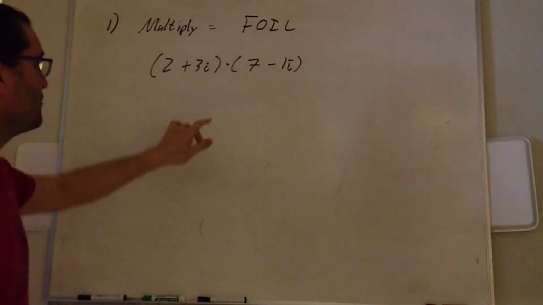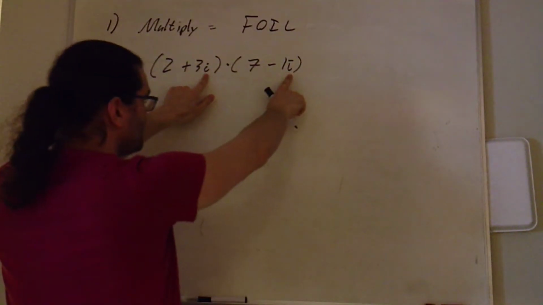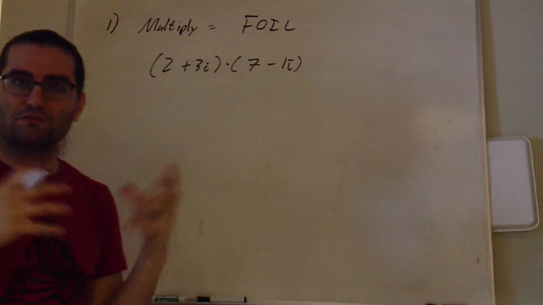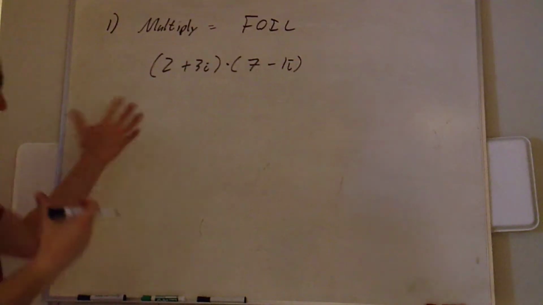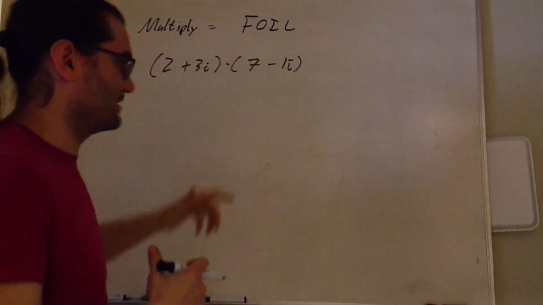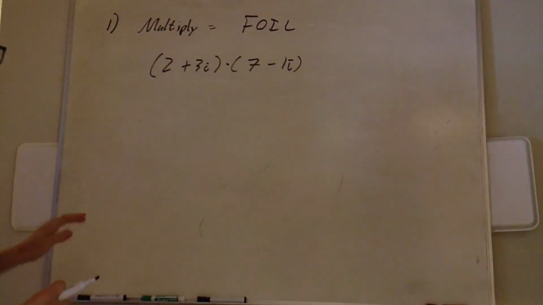Again, if you want to just pretend that these i's are x's and treat this like you're multiplying two polynomial expressions together, it works exactly the same. We just have i's instead of x's, except for one little step at the end.